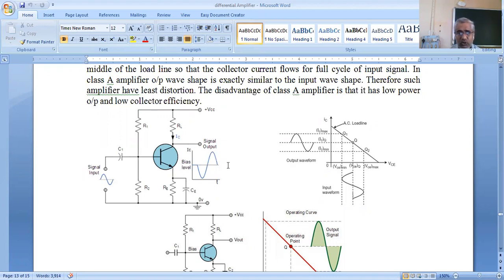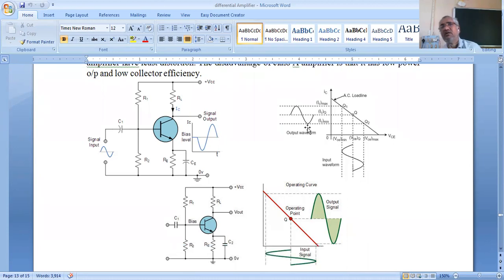So the output is exactly a replica of the input, except that the output is inverted. So there is a phase shift of 180 degrees, but the shape of the input and output is the same, only the output is in the amplified form. So this is the class A amplifier that we have seen yesterday.